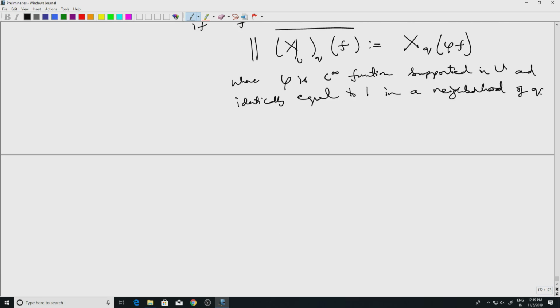Right. Now, given this, let's fix a chart. Let U, phi be a coordinate chart.